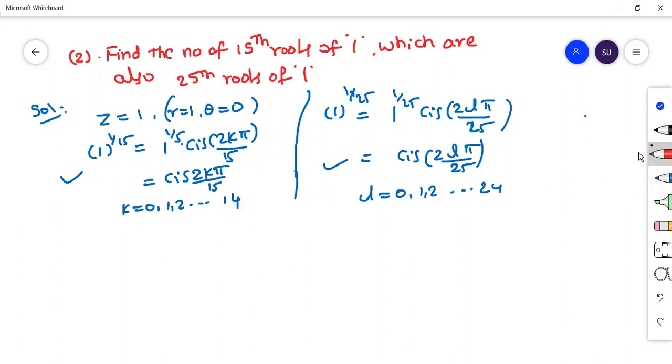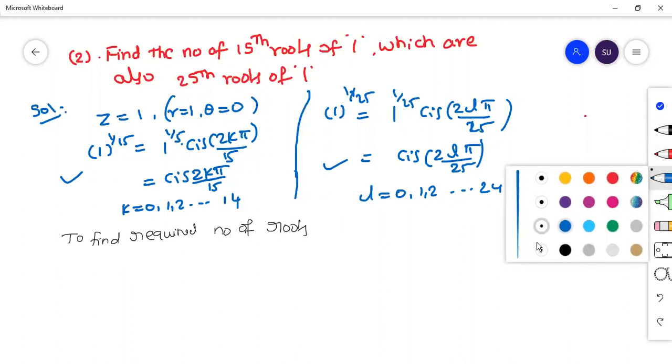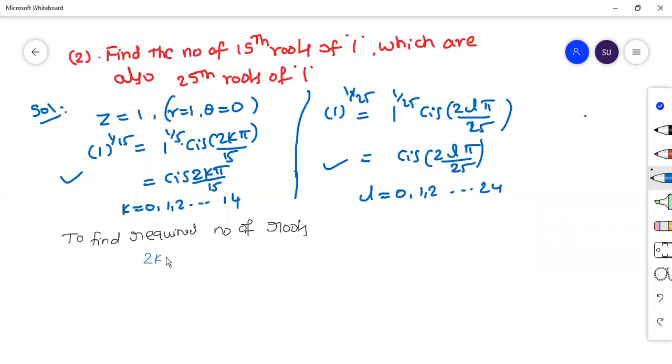So for that, to find the required number of roots, let us equate, because this is cis and this is cis, 2k pi by 15 is equal to 2L pi by 25.